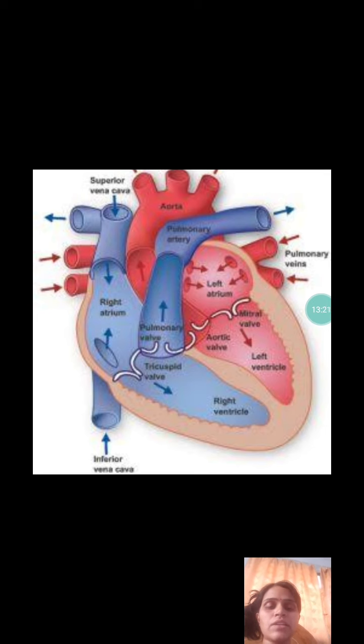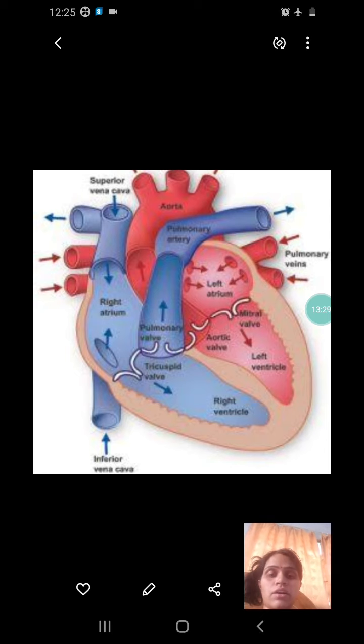From the left ventricle it goes to the aorta, and through this aorta the blood passes to the different parts of the organ. Okay, first the deoxygenated blood comes to the right atrium, next it goes to the right ventricle through the tricuspid valve, next from the right ventricle it goes to the lungs for oxygenation through the pulmonary artery.